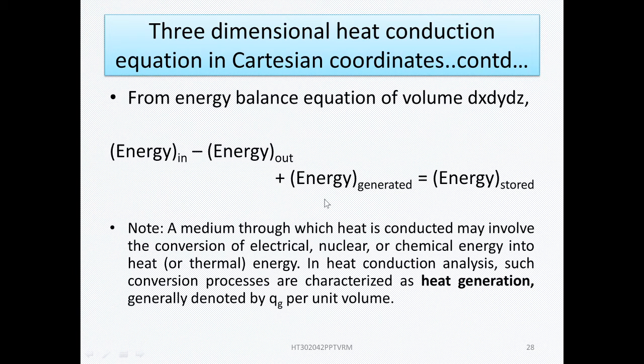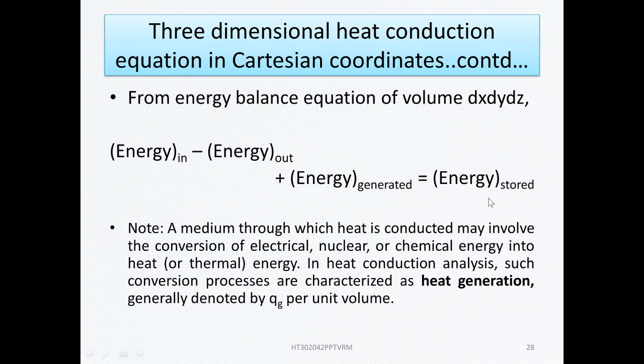Means what? Due to electrical flow or electron flow, or certain nuclear energy flow or chemical changes, internal energy is generated. So that is added to the energy inside the block, and which is equated to energy stored.